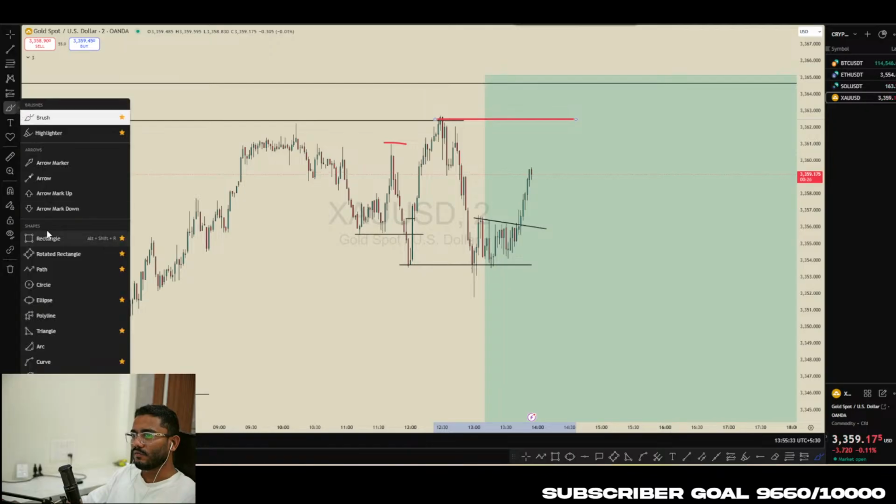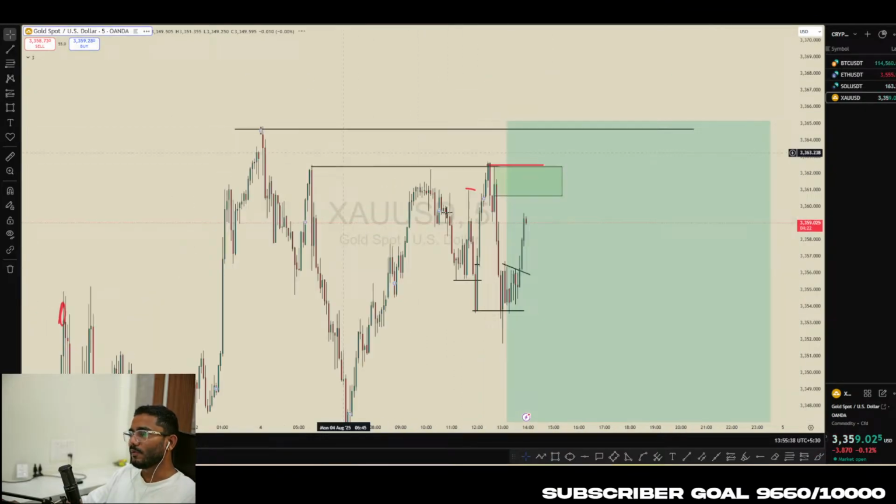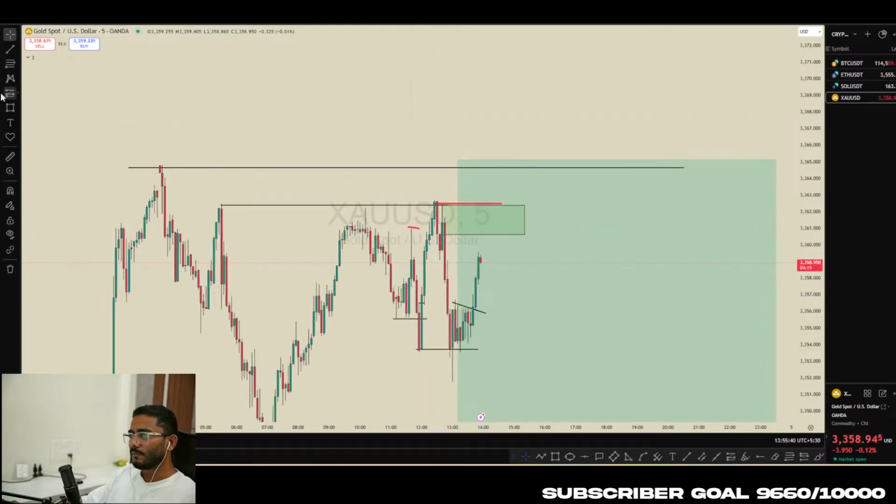Right here, we have this breaker block. Probably it will fail. So right now it's an order block, but if this breaks, then it will convert into a breaker block. Price will reject from this area and it should break, creating this new breaker block and this order block. So this will be our retest entry.